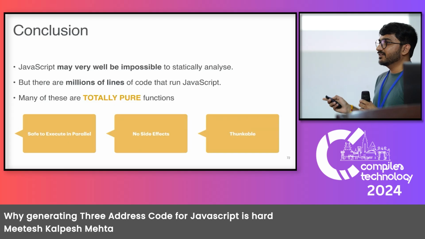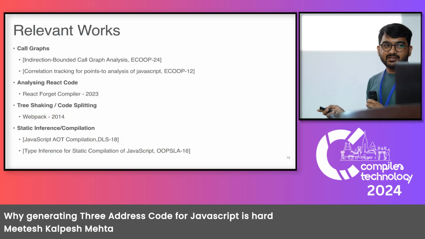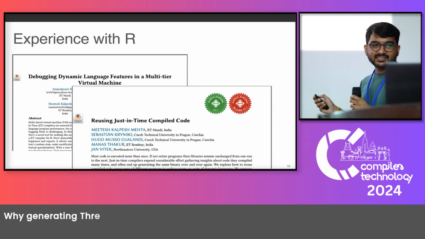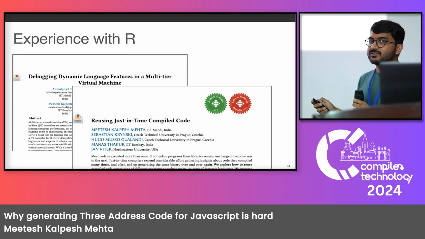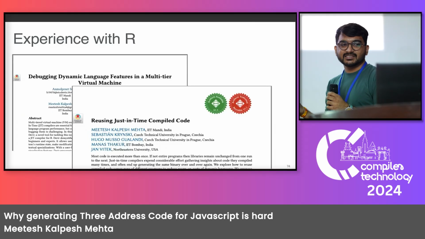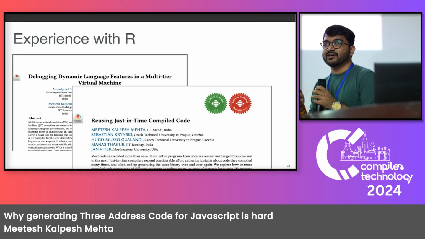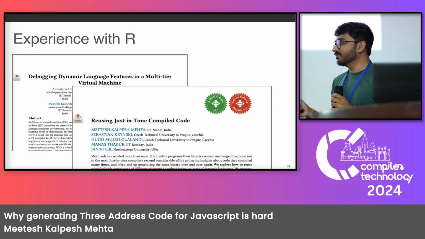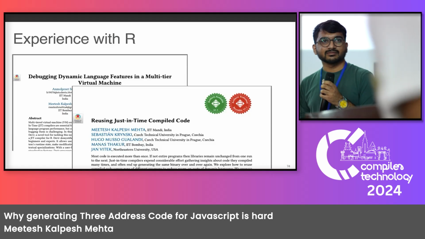So this is the motivation we are working towards, and our previous experience with R also supports this conclusion, that if you keep around high-level information, you might be able to optimize the code even more. Thank you.